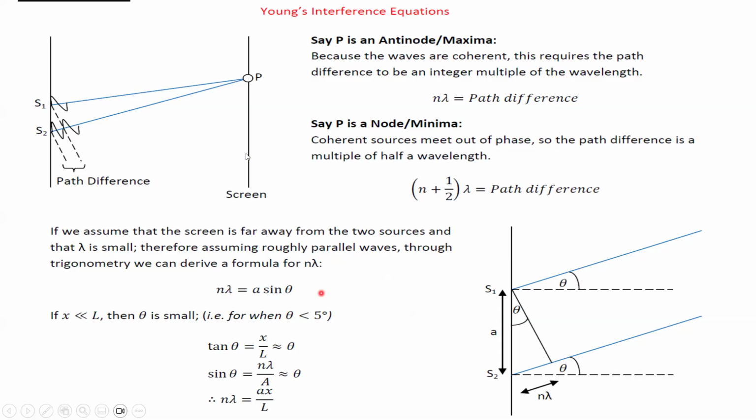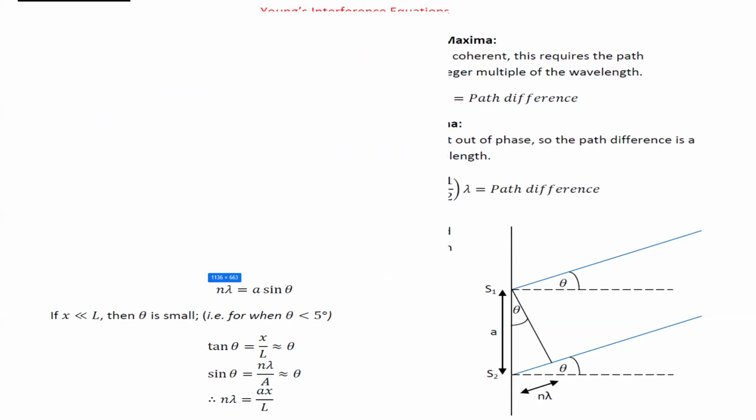So let's take the Young's double slit experiment. What happens in a Young's double slit experiment?